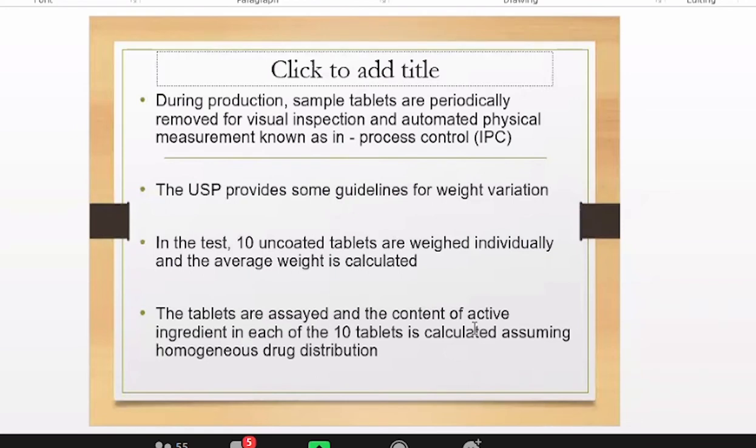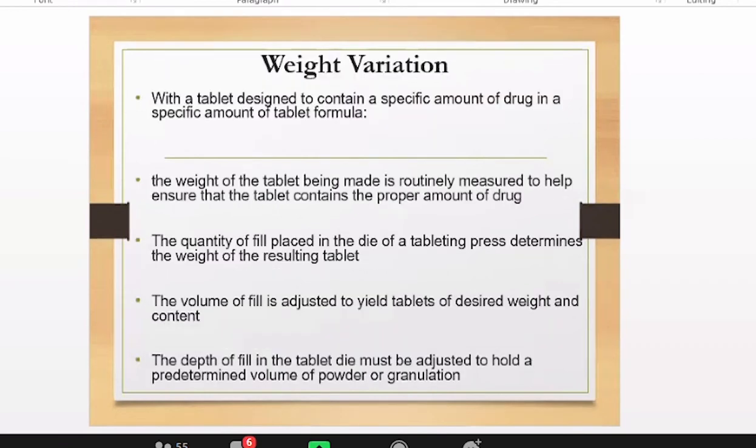So how many tablets are you supposed to consider?